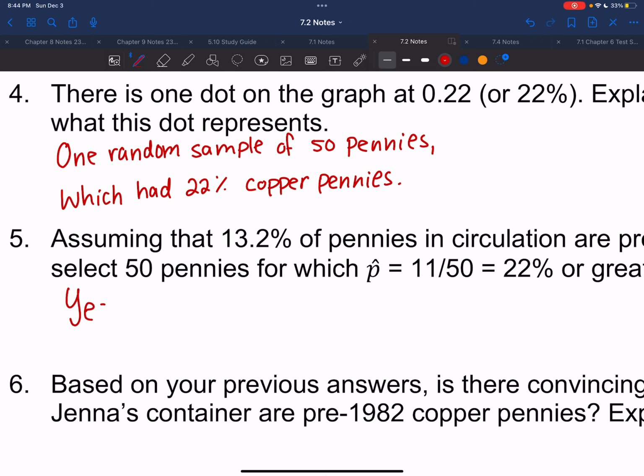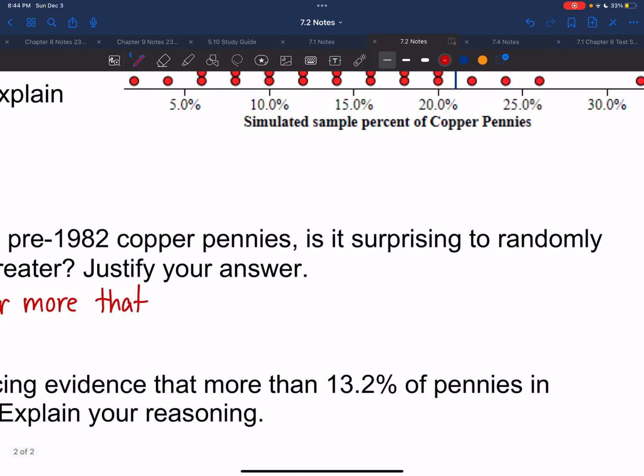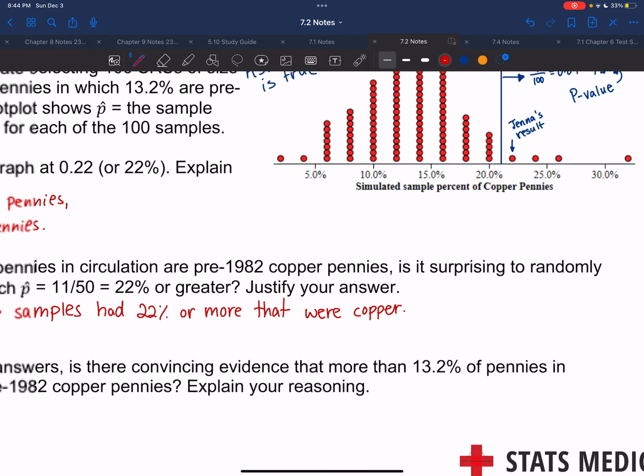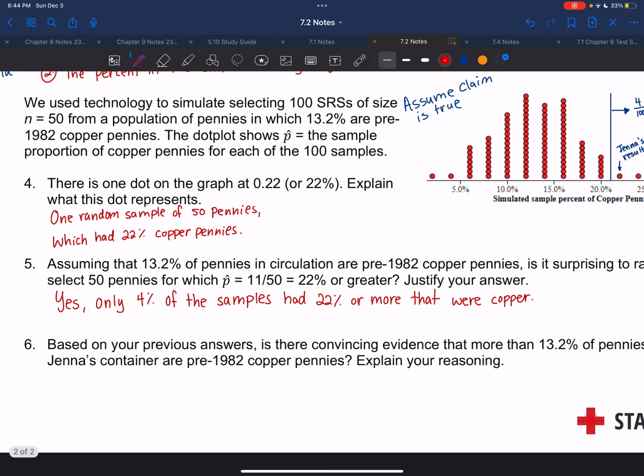So yes, only 4% of the samples had 22% or more that were copper. Okay, so there's only a 4% chance of getting what Jenna saw in real life.